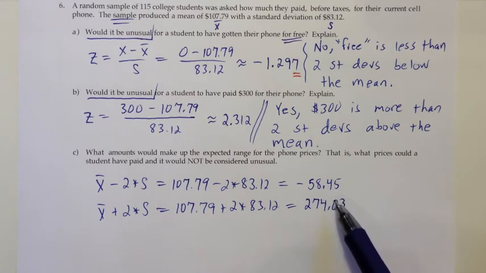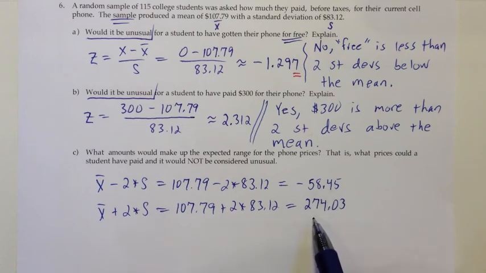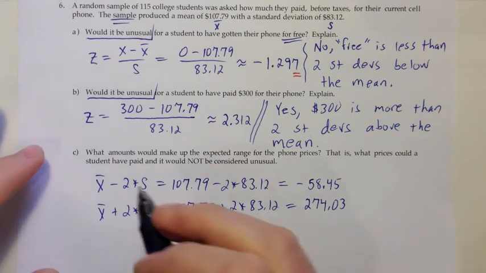We usually would just leave the numbers alone and use the word between. But because negatives don't make sense for this example, I'm going to say it's anything from free, or $0, up to, but not including, $274.03. And I say not including because if the phone did cost exactly $274.03, that would be 2 standard deviations away, and we would consider that unusual.